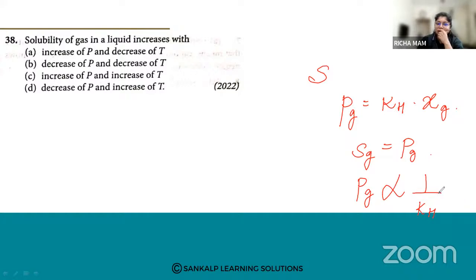So on increasing the temperature, solubility of a gas decreases. As you increase the temperature, what will happen to the solubility of a gas?